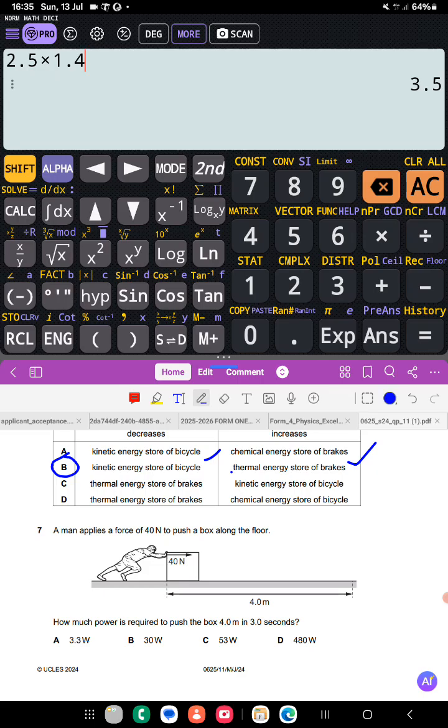Remember that power is equal to work done divided by time. So work done is the same as force times distance, and then you divide this by time.